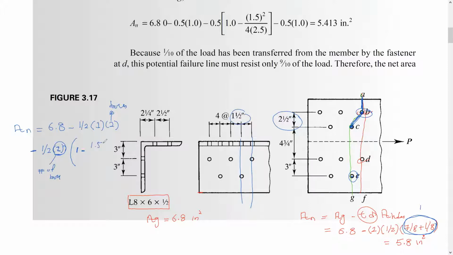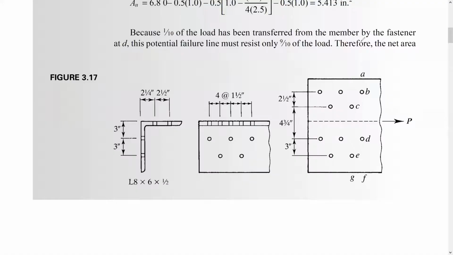So 1/2 dividing by 4G, and the G here between this one and this one is 2.5. So if you do that, you will get the net area is 5.413 inch square. So right now we checked 2 paths.